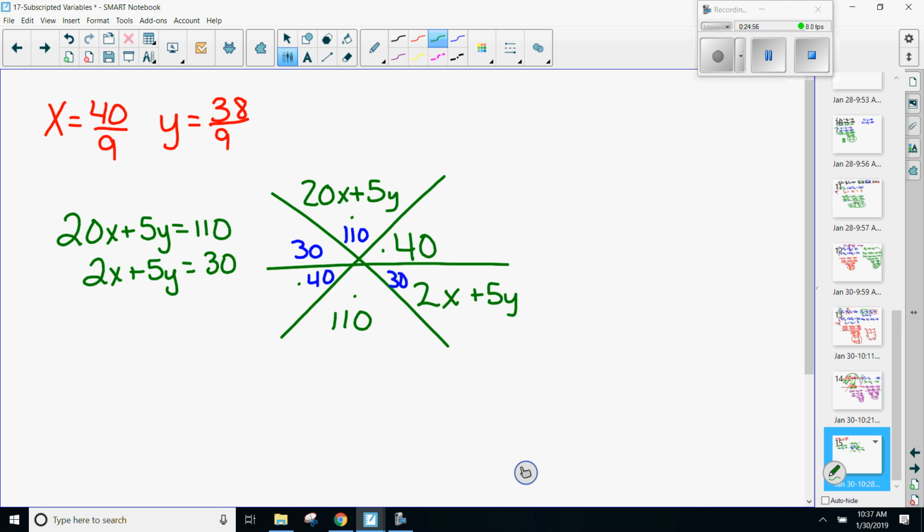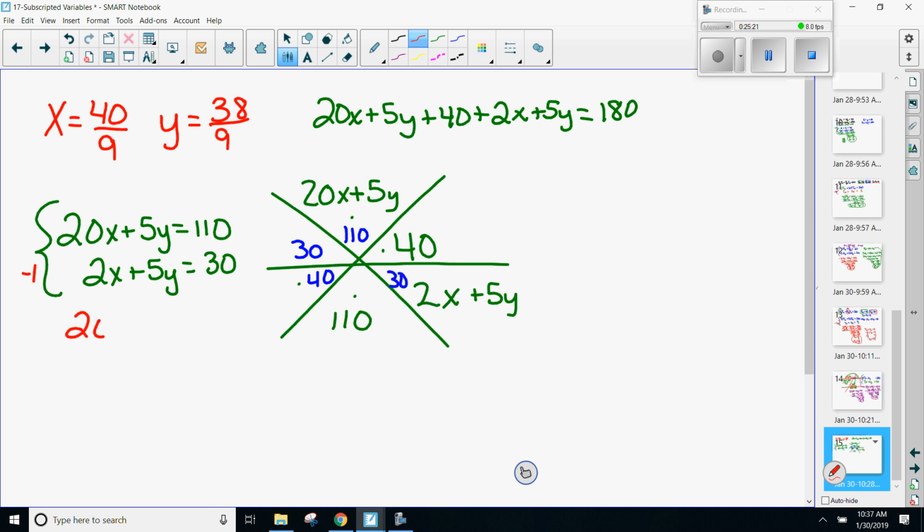Now, you are not incorrect if you say 20x plus 5y plus 40 plus 2x plus 5y equals 180, but you would need to simplify that. All right, so if these are the two equations we have, eliminate. Take the bottom one times -1.